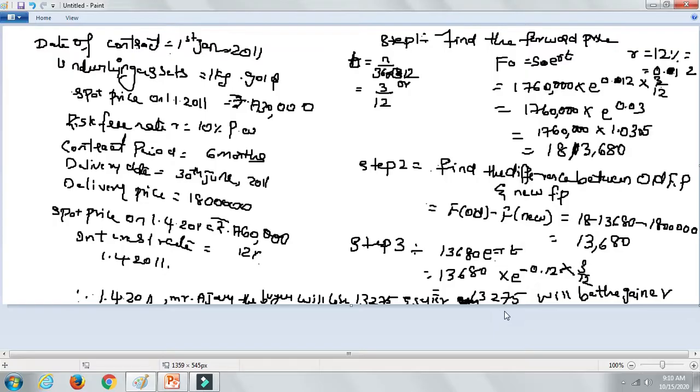The market price on that particular date is 17 lakh 60,000, but he'll be paid 18 lakhs 13,680. So he'll be in a benefit only. You will not get the benefit of that difference itself, but its present value. So the present value is 13,275.